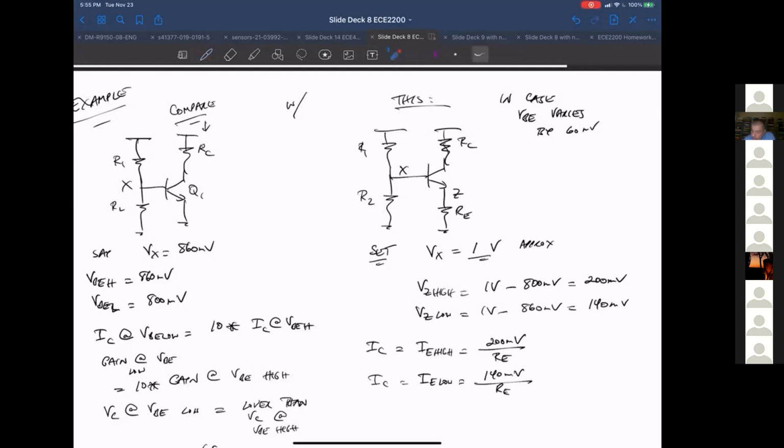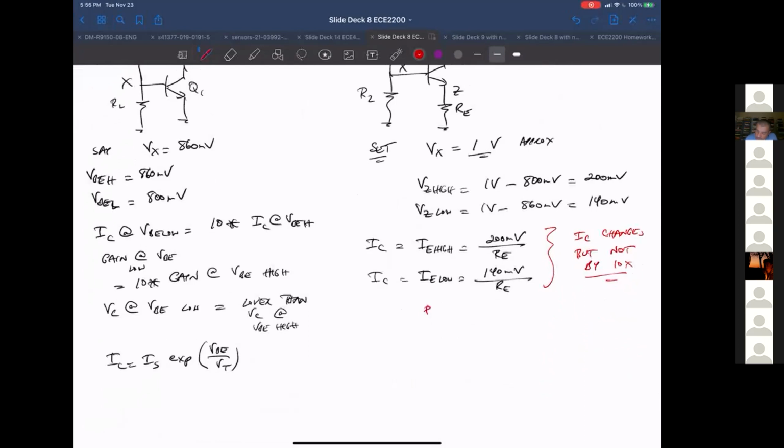So the point being, in these cases, although the current I sub C does change, it changes as well, but not by 10x.